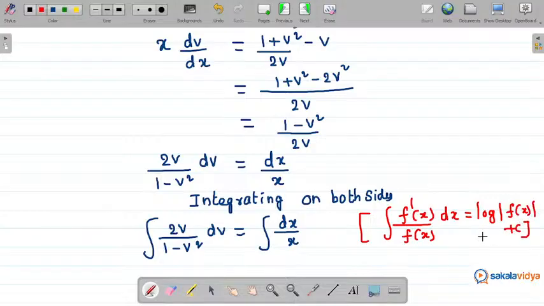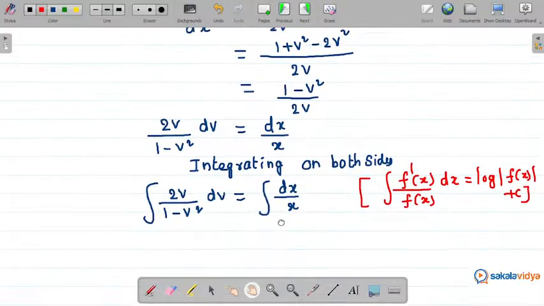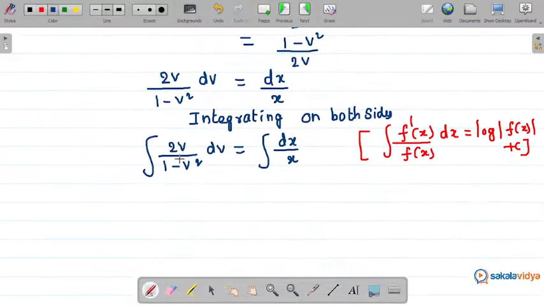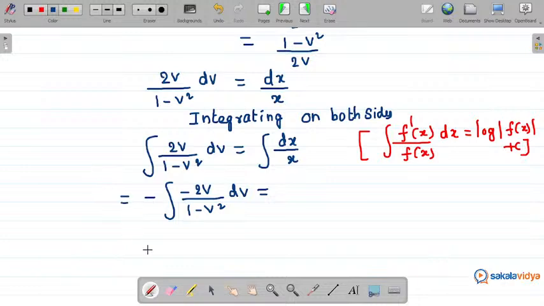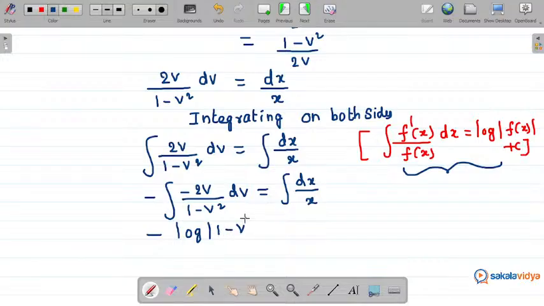Now this can be written as minus of the integral of minus 2v by 1 minus v square dv is equal to the integral of dx by x. According to this formula, the integral of minus 2v by 1 minus v square, you can write log mod 1 minus v square, but minus is there, so minus log mod 1 minus v square.